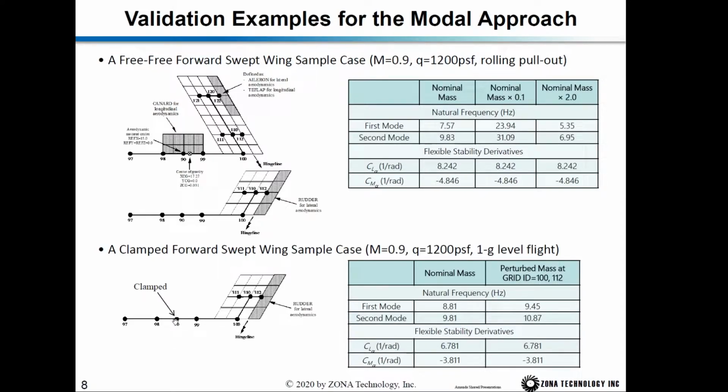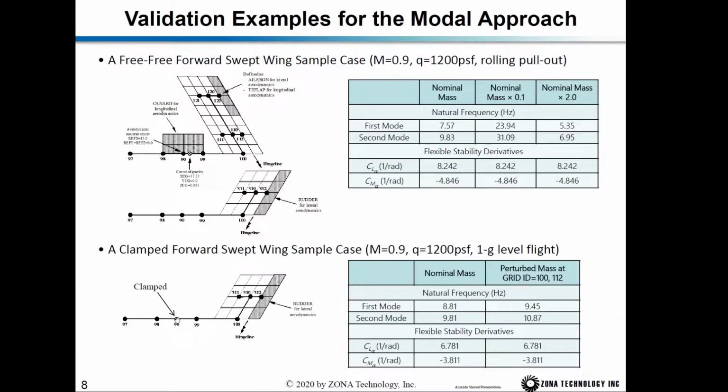And if we clamp this point, so we don't have a rigid body mode, these are the natural frequencies, and these are the flexible stability derivatives. Then if we only perturb the mass at 100 and 112, if we only perturb the mass here, therefore the CG changes.